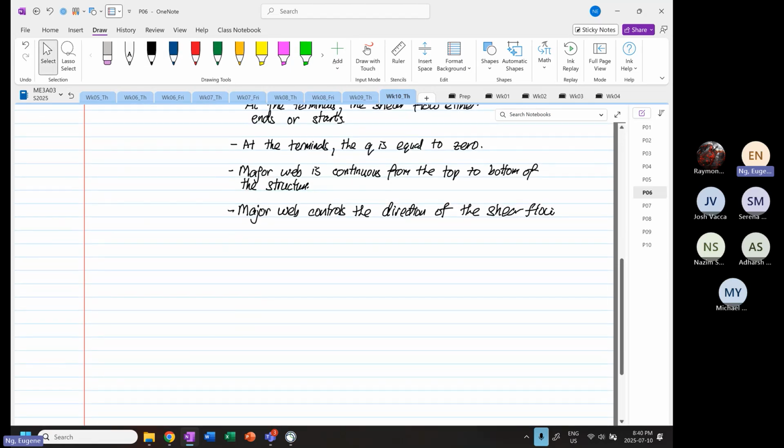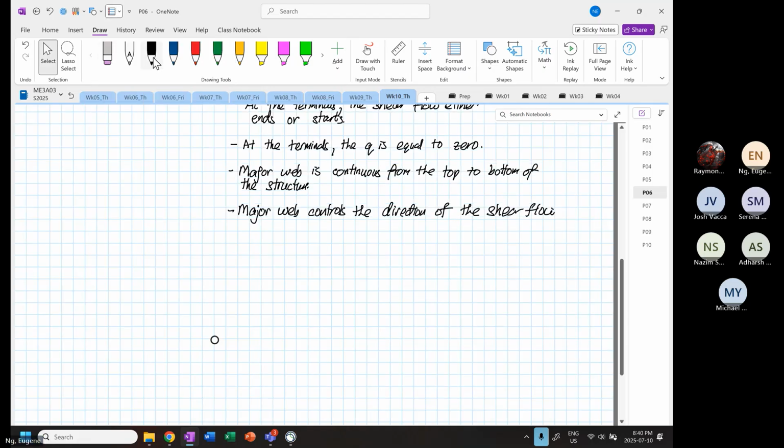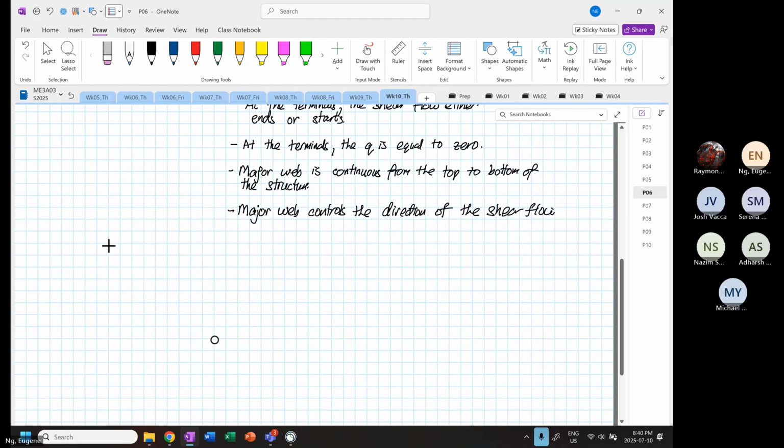So now, if we have a section, I'm deliberately drawing a box beam section.